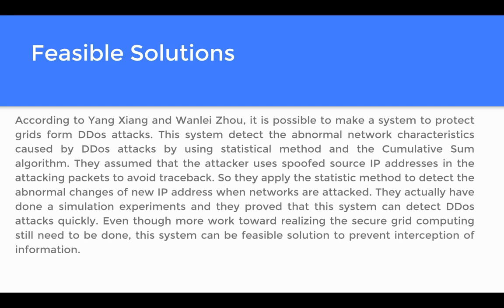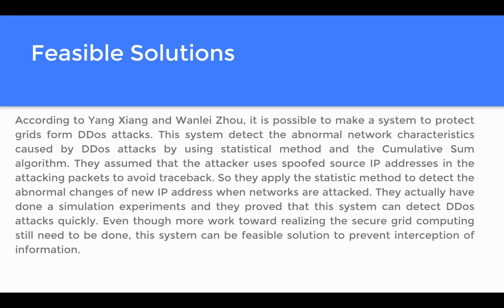This system would detect the abnormal network characteristics caused by DDoS attacks by using statistical methods and the cumulative sum algorithm. The attacker uses spoofed source IP addresses in the attacking packets to avoid traceback. So they apply the statistical method to detect the abnormal changes of new IP addresses when networks are attacked.